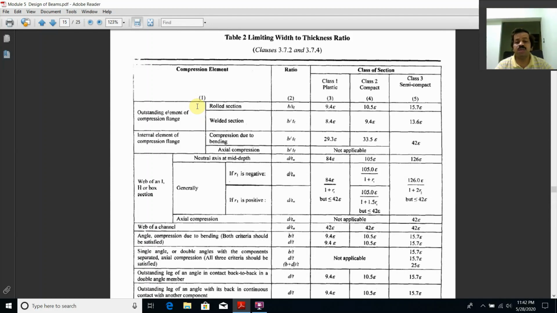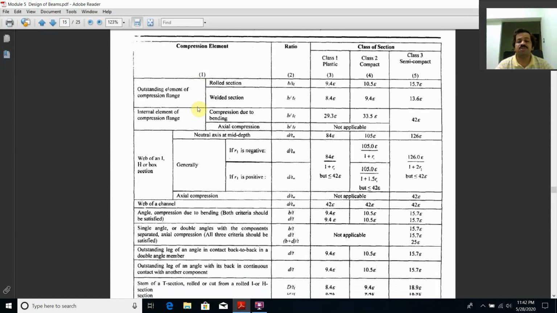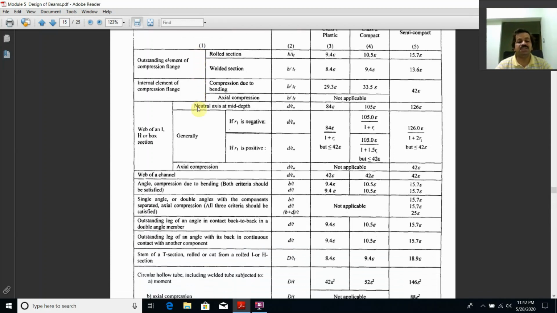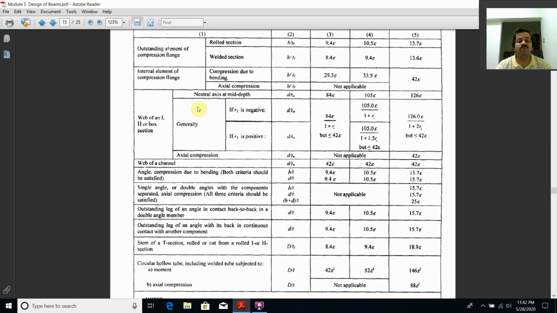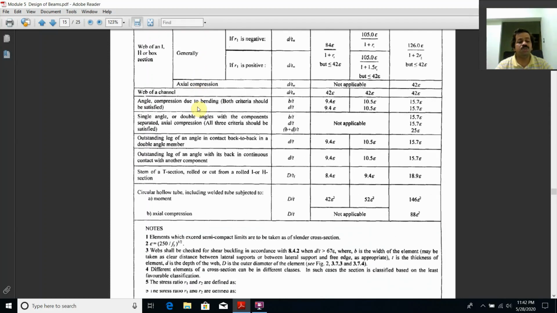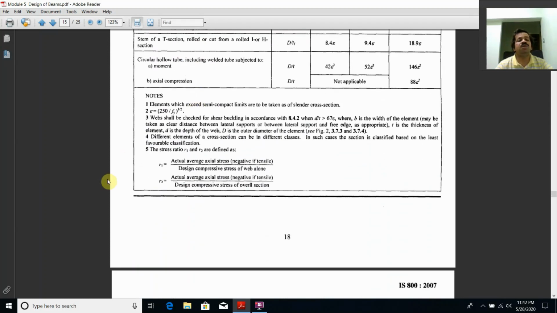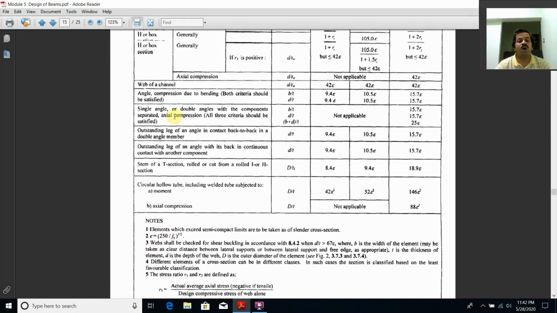And if it is more than 10.5, it is semi-compact. If it is more than 15.7, it is called slender. Like that, we have D by T_W also. If it is less than 84 epsilon, it's called plastic. Like that, the classification is given. What is epsilon? Epsilon is nothing but the square root of 250 by f_y. As f_y is 250, epsilon is always 1.